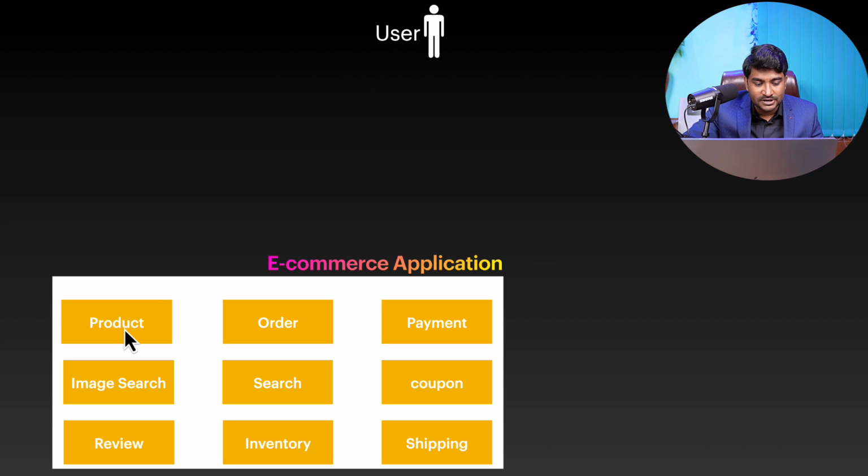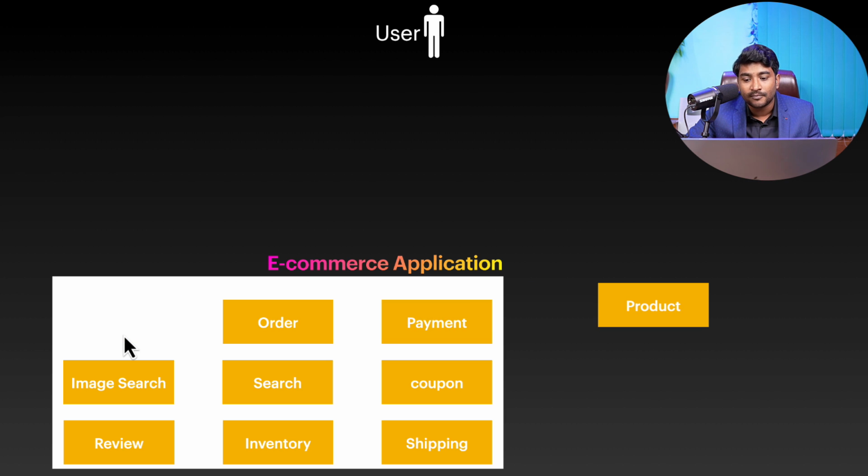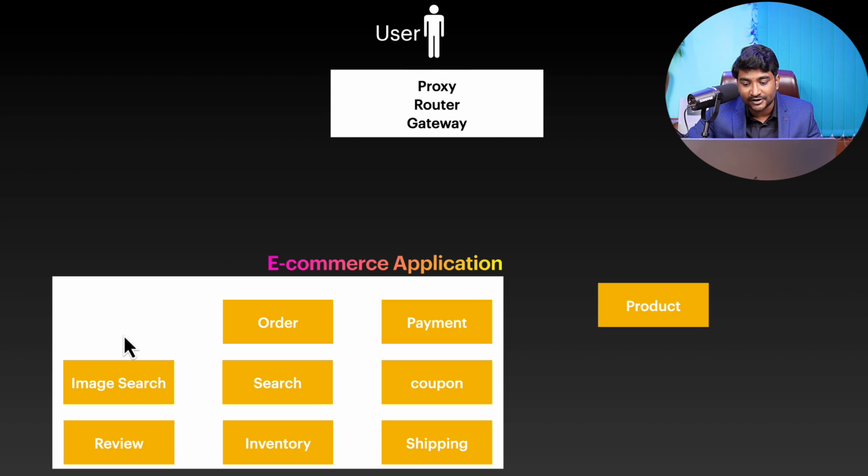Imagine from this monolith application, first we want to split the product service and we want to create a new microservice which is called the product microservice. Now we will introduce a strangler facade or a proxy or a router or a gateway between this microservice that we have created and the user.